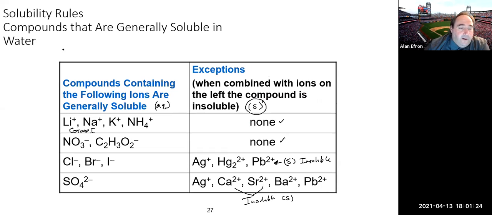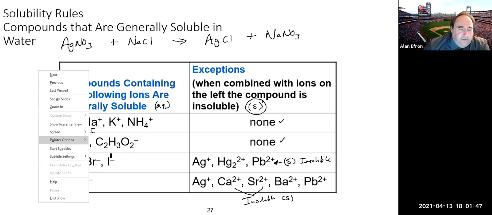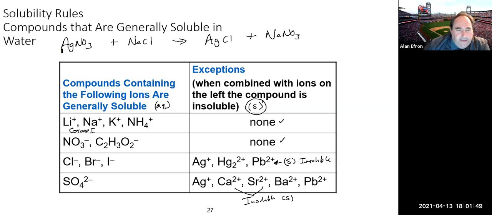So these rules really do help us determine the states in those couple of equations we looked at before, where we took some silver nitrate plus some sodium chloride and made some silver chloride and some sodium nitrate. If we weren't sure what was going on, we would use our solubility rules and say, I may not see silver on the list, but I definitely see nitrate on the list.